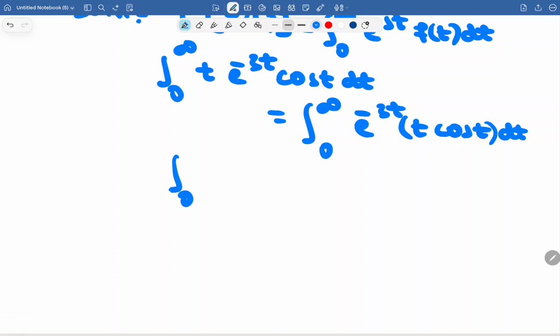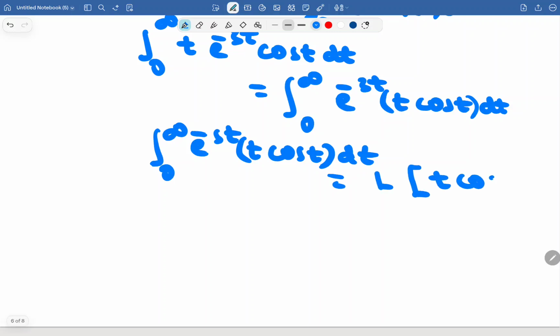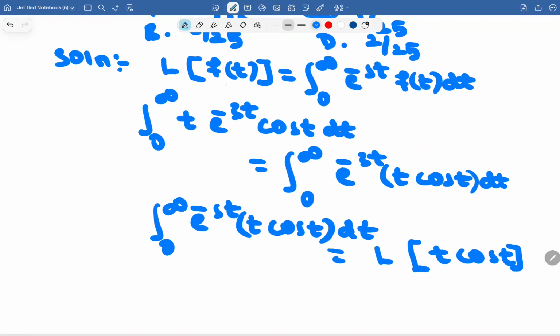First of all, I am going to find the value for integral 0 to infinity e power minus st t cos t dt, then replace s by 3. By definition of Laplace transform, this is L of t cos t. Inside the operator L, we have f of t that comes inside the integral e power minus st f of t. Here f of t is t cos t.